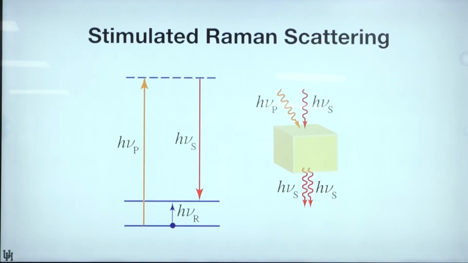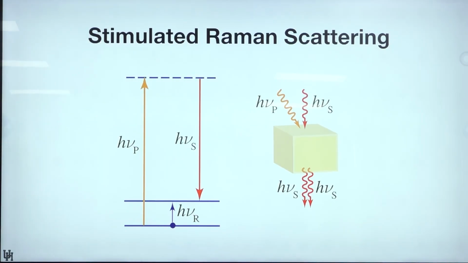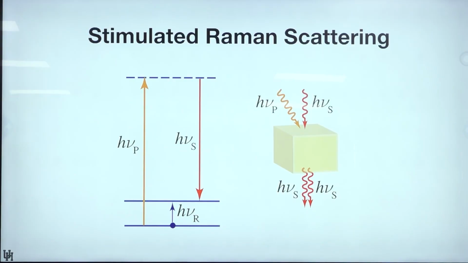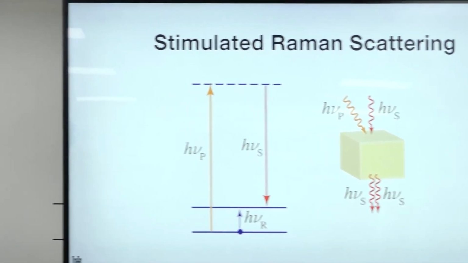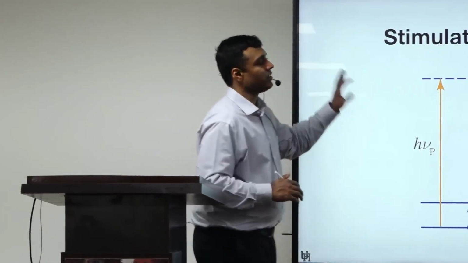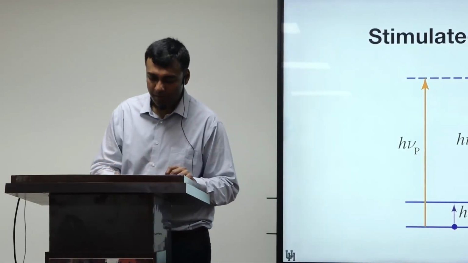By forcing it up and forcing it down, you can force the Raman process to happen much more efficiently. This is called stimulated Raman scattering, or SRS. There is stimulated Raman scattering spectroscopy, or SRS imaging, which is also used for a lot of medical purposes.